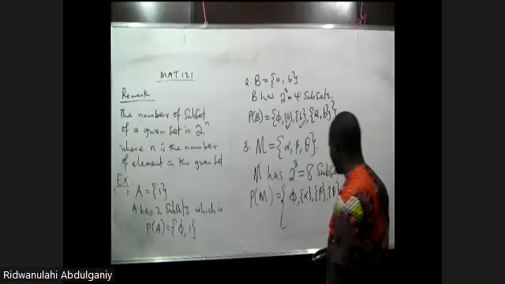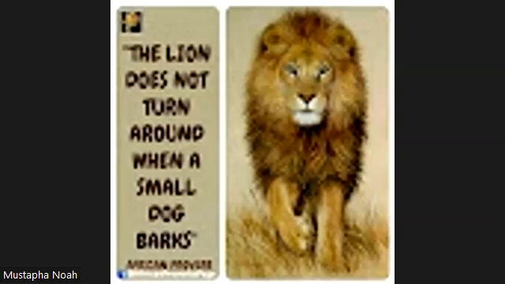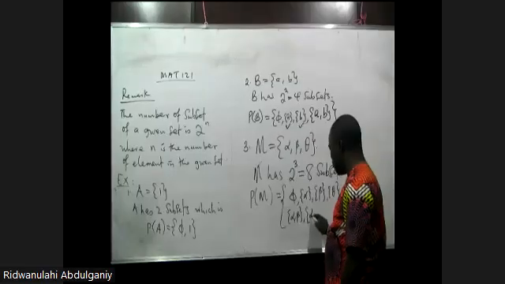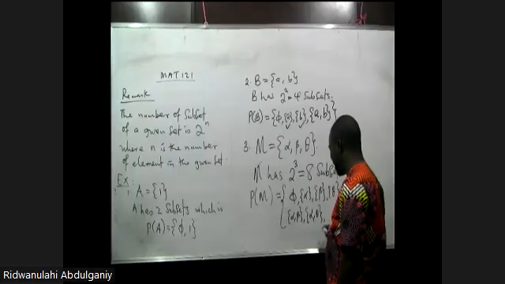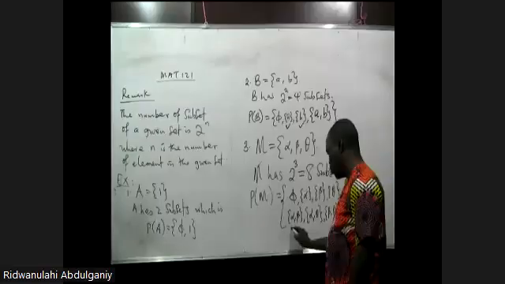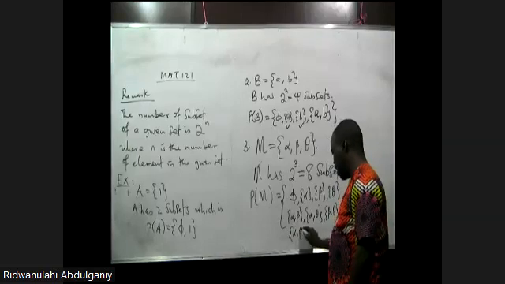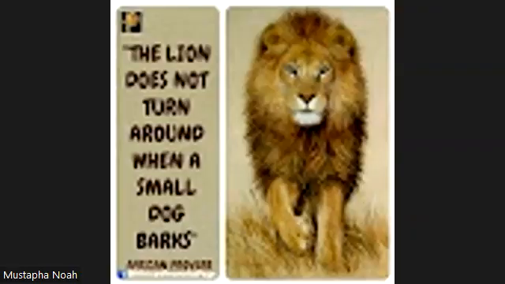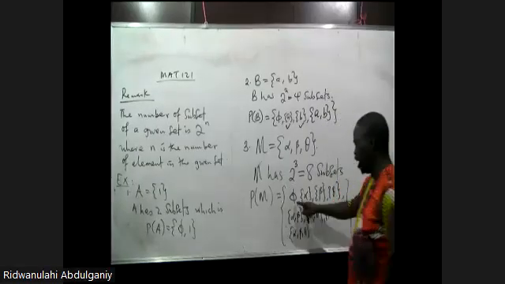We now have alpha, beta. You have alpha, theta. Then you have beta, theta. And finally, alpha, beta, theta. You first of all take empty.